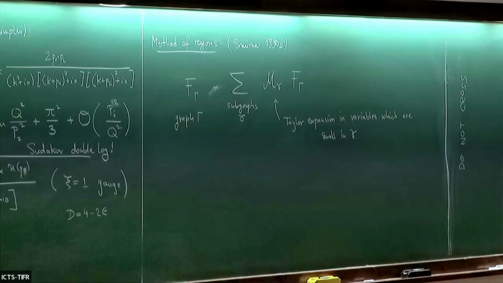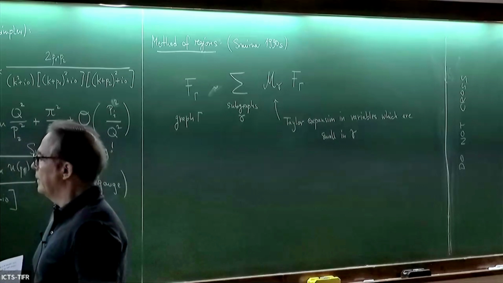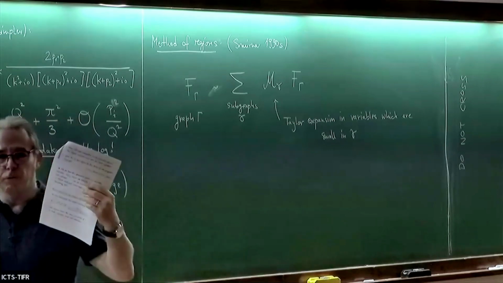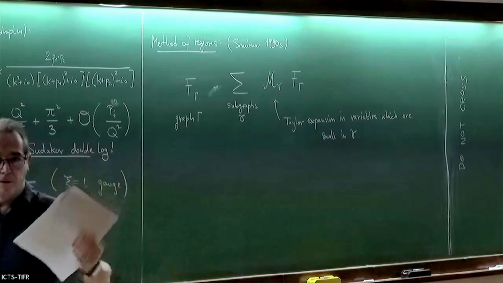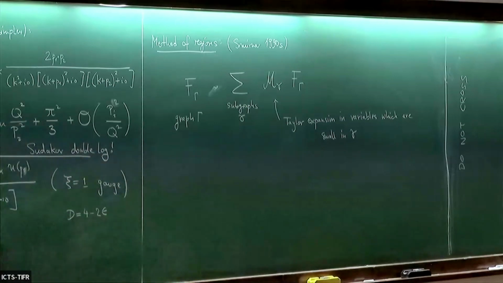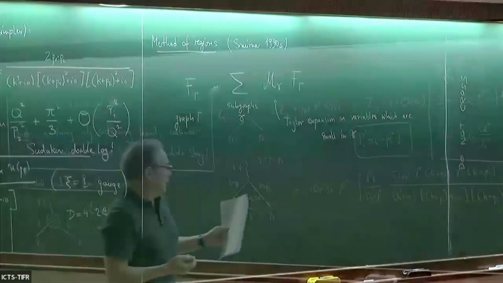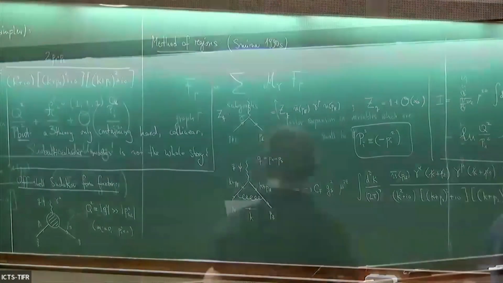Now, normally, to define these regions, we would, at least in our minds, introduce cutoffs again. We would say, for instance, if I say the loop momentum is of order Q, I somehow have to give it the scaling, but in my mind, I could imagine I draw a box in loop momentum space corresponding to the scaling, and I do the integral inside this box, introducing cutoffs, okay? But in reality, actually, we don't do that. In reality, we use dimensional regularization.